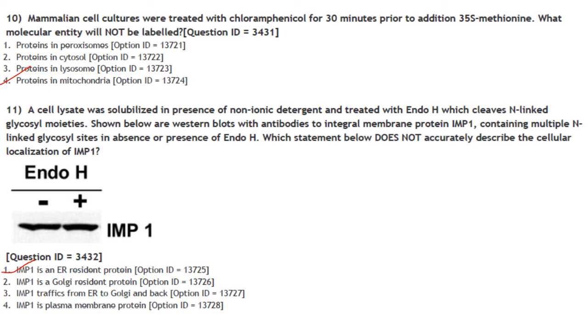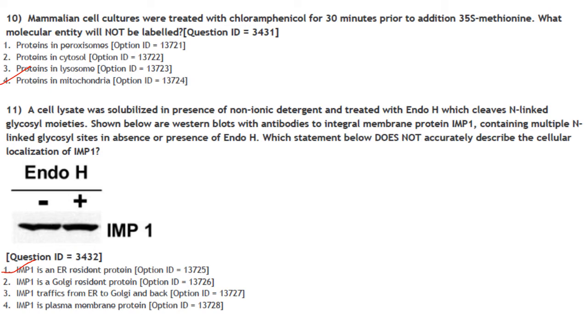Then a cell lysate was solubilized in the presence of non-ionic detergent and treated with EndoH, which cleaves N-linked glycosyl moieties. Shown below are Western blots with antibodies to integral membrane protein IMP1 containing multiple N-linked glycosyl moieties in the absence or presence of EndoH. Which statement below does not accurately describe the cellular localization of IMP1? So without EndoH treatment you get a band, and with EndoH treatment you also get a band for IMP1.